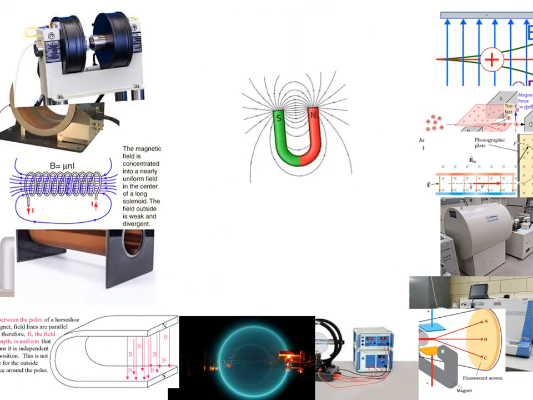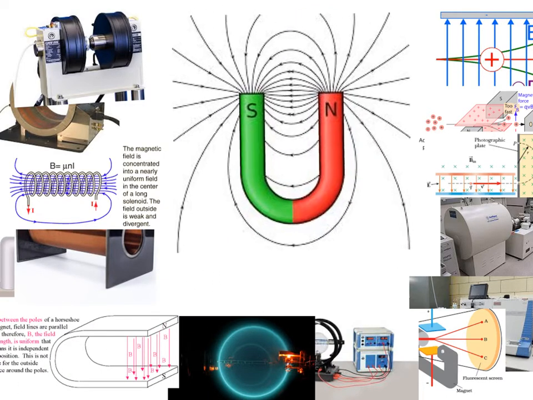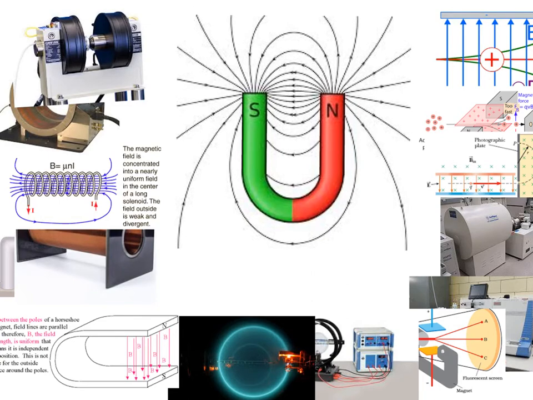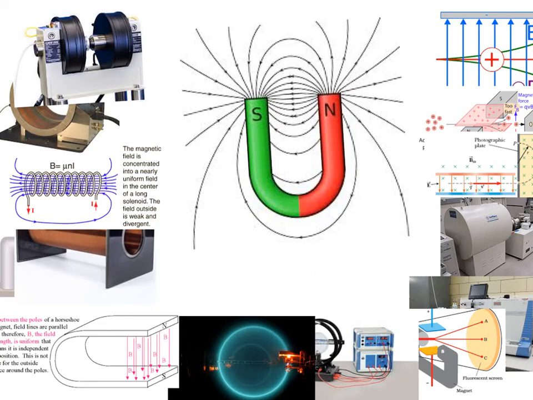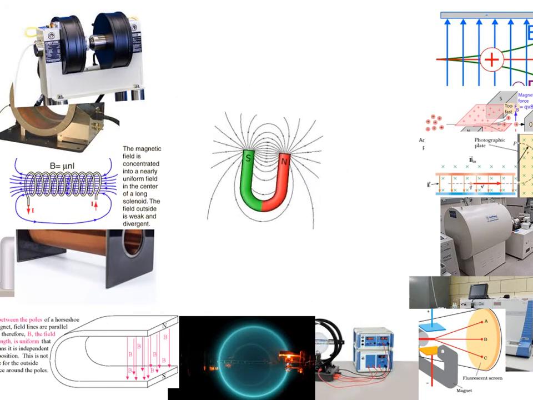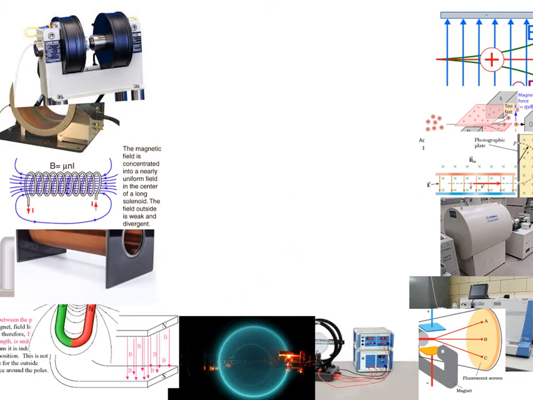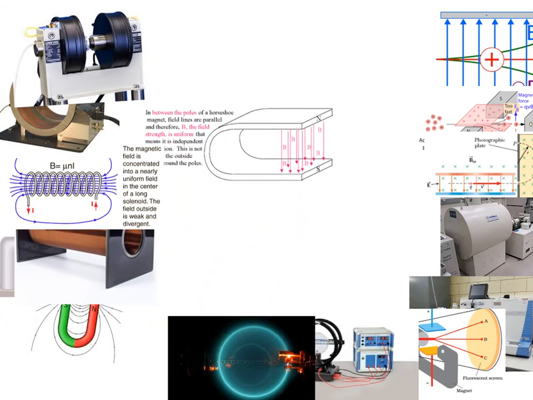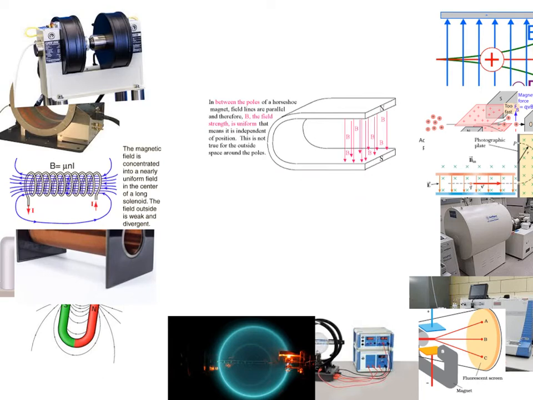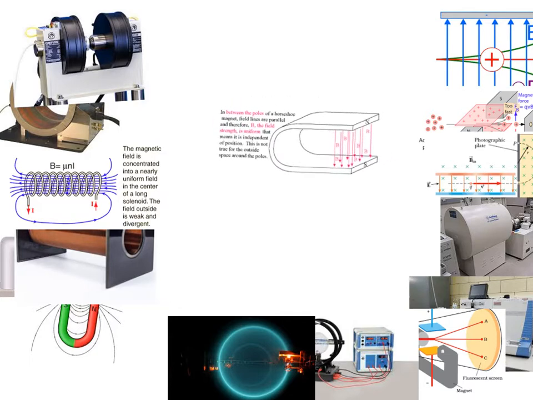So I already showed you this diagram of the horseshoe magnet. It's not a real one, but it's a diagram. But you can see the field is fairly uniform in between the pole faces. And this is showing you the same thing, where it's big and wide, so it creates a fairly big volume of uniform field.